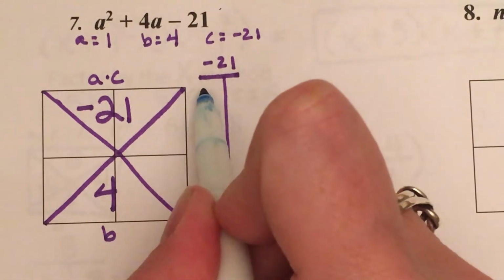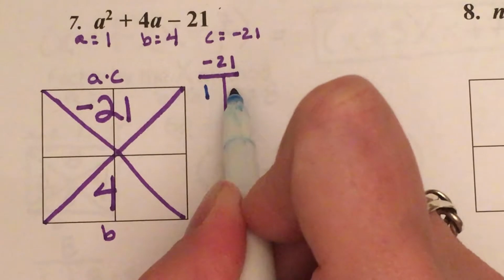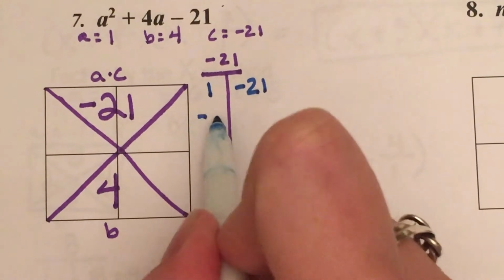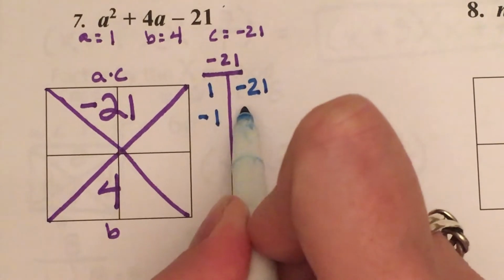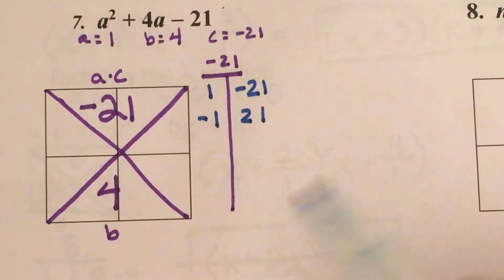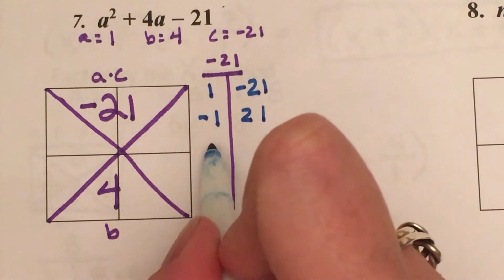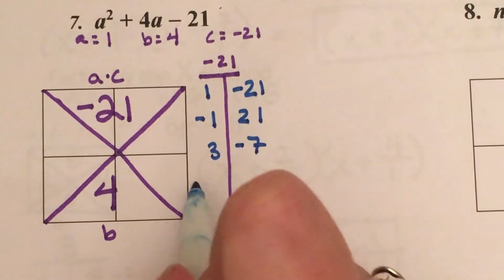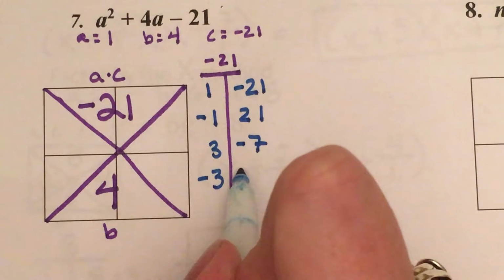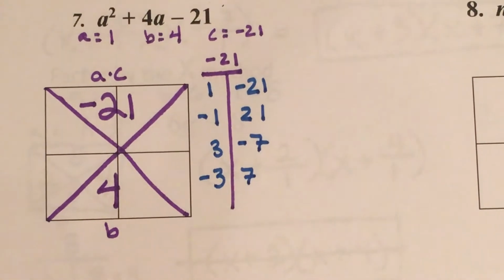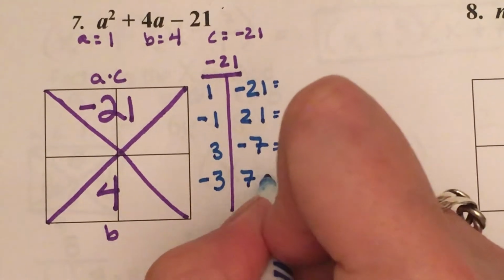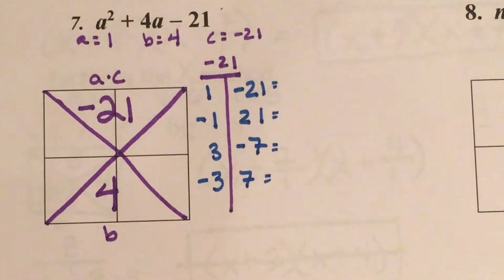So I could have positive 1 and negative 21. Negative 1, positive 21. I could have positive 3 and negative 7. I could have negative 3 and positive 7.